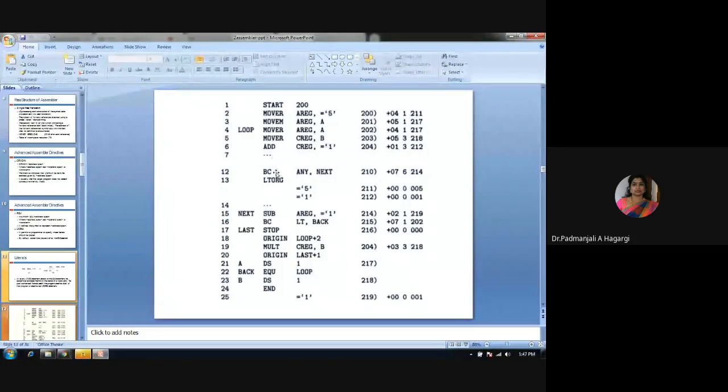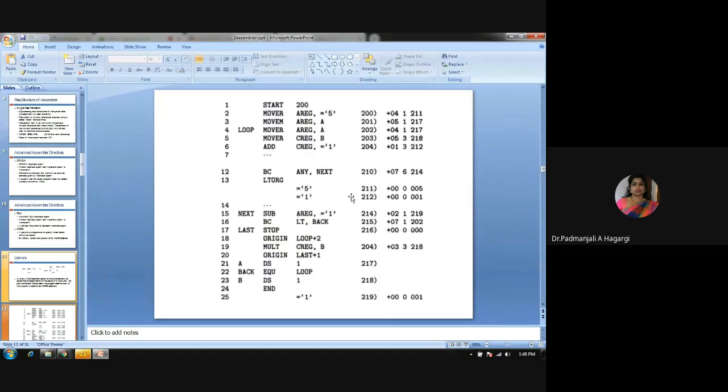After a certain set of instructions are finished, the LTORG is used to allocate the address for the immediate addressing operands at these registers, which are the literals 5 and 1. So they are declared here, at memory locations 211 and 212.